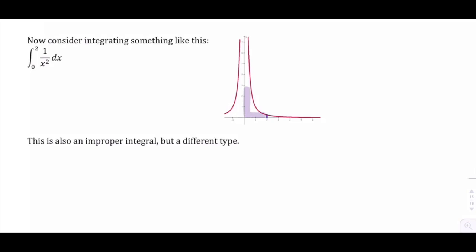You can see that again, this area is going to go up to infinity there. So what we need to determine, again, is whether this area is going to approach a finite value or if it will continue to grow unbounded. This is the next type of improper integral that we're going to be looking at.